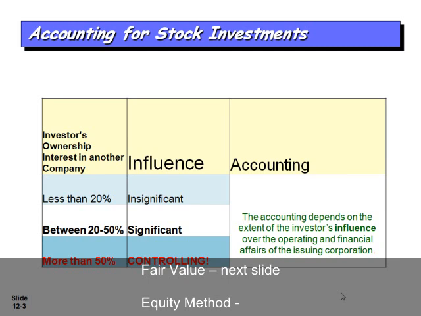Before we can do the journal entries for stock investments, we need to understand just how much of a percentage of purchase that was. So the investing company, how much of the stock do they buy? What percentage? If they buy less than 20%, this is considered an insignificant investment. And that's the journal entries that we are going to do in this section.